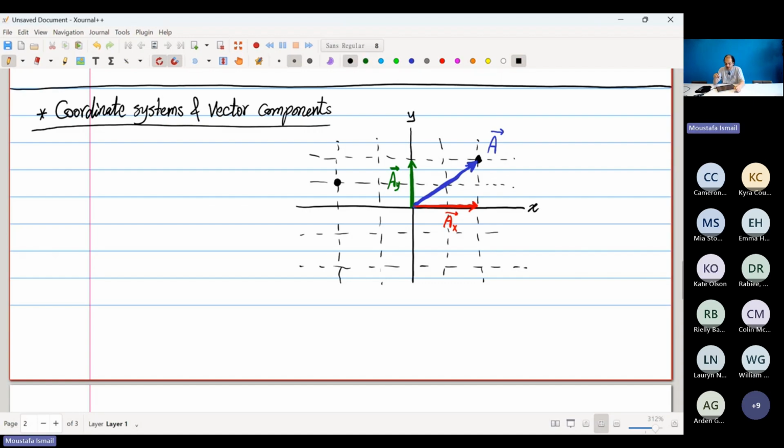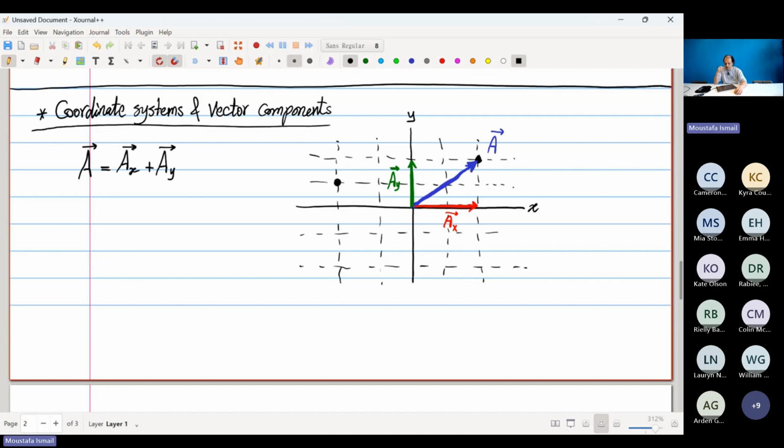You can see from the parallelogram rule that we discussed before that A is the sum of these two components, because you anchor them all at the same point, and then you draw the diagonal. The diagonal is the sum. So A is equal to AX plus AY.